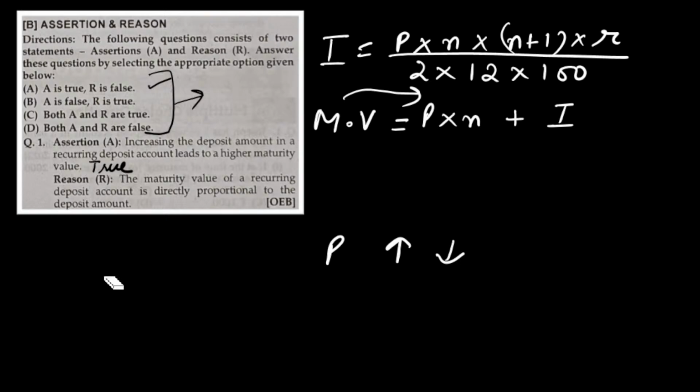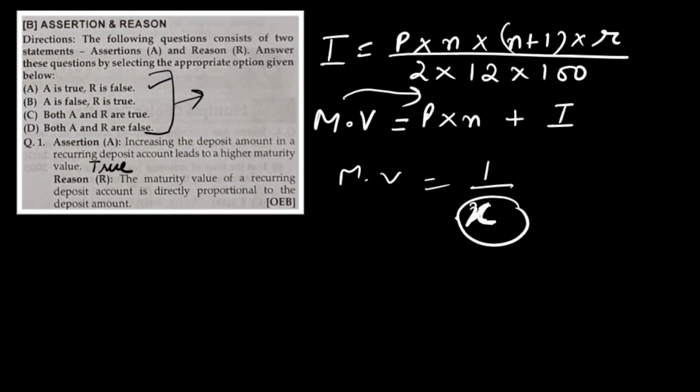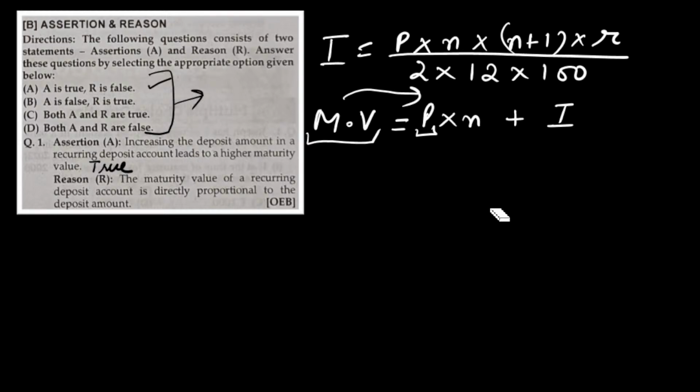And moreover, from formula directly you can see if something is written in the numerator part, that means they are directly proportional. And if something is written at the denominator part, they are inversely proportional. Here you can see maturity value and principal. Both of these are at the numerator part. So that means they are directly proportional to each other.